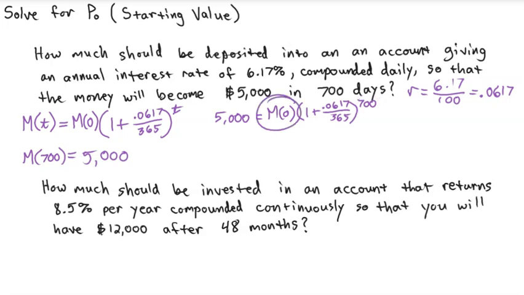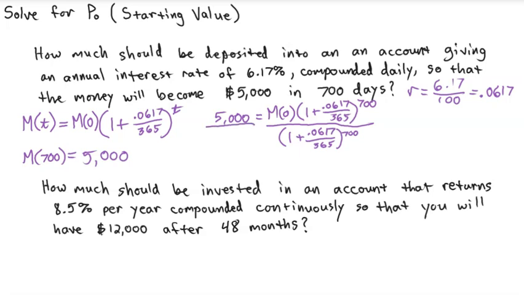So now to solve for m sub 0, all we have to do is divide by this. So we divide by 1 plus 0.0617 divided by 365, whoops, I did it backwards, 365, to the power of 700, okay? And so over here, that's going to cross out and leave us with just m sub 0.